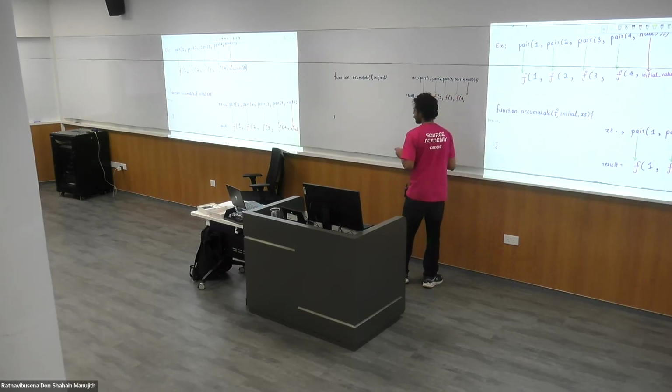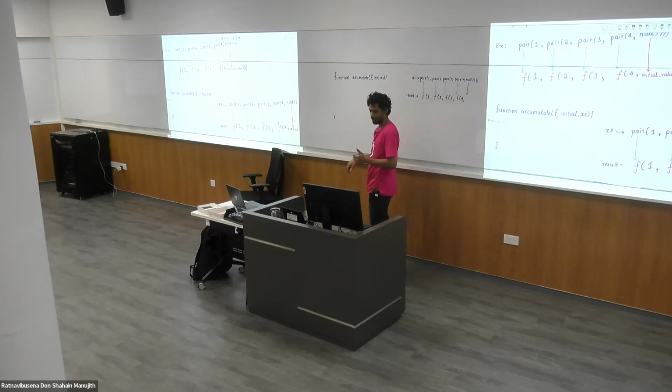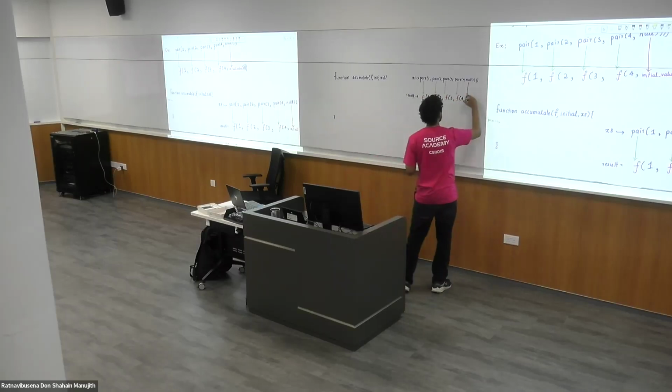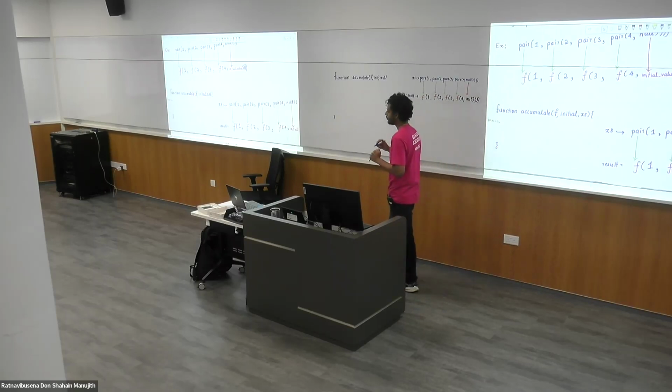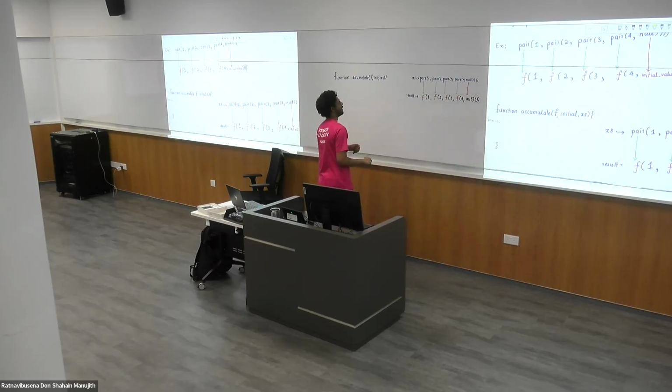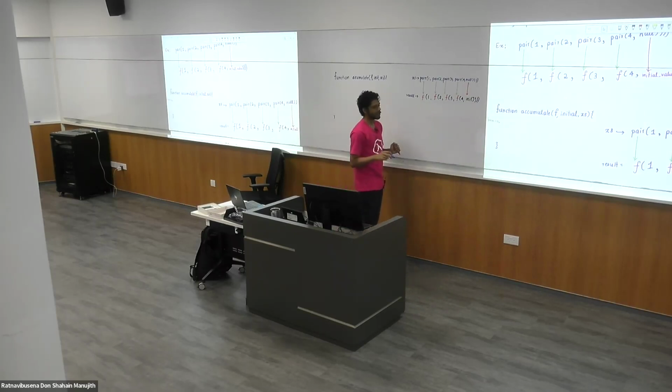Then null should be replaced by what? Initial, right? So this init. We just need to turn pair into f, and turn null into init.